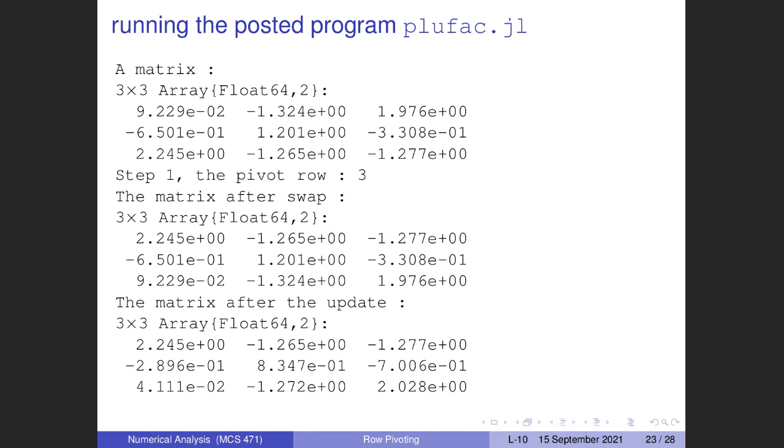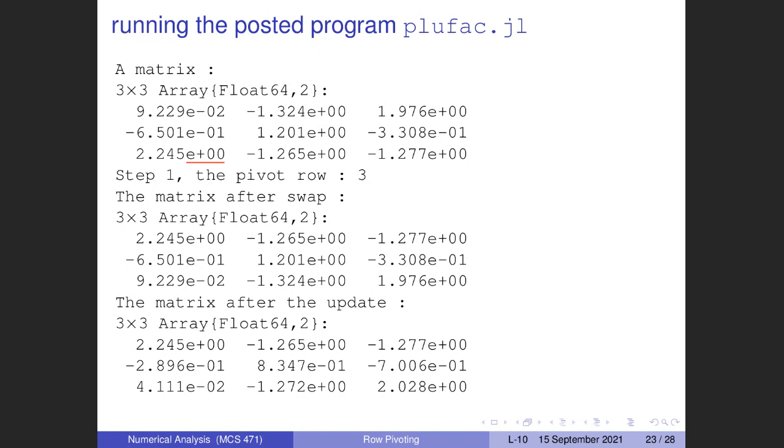Here is a run with the program. We know this now because we look at the exponent: we have the largest exponent in the third row, so we will have a swap.